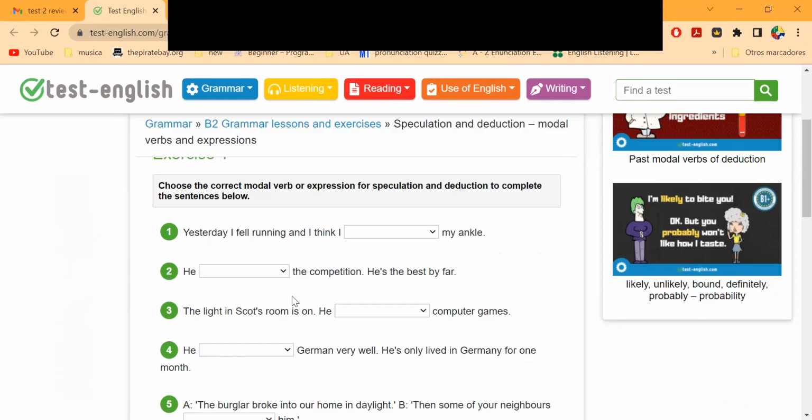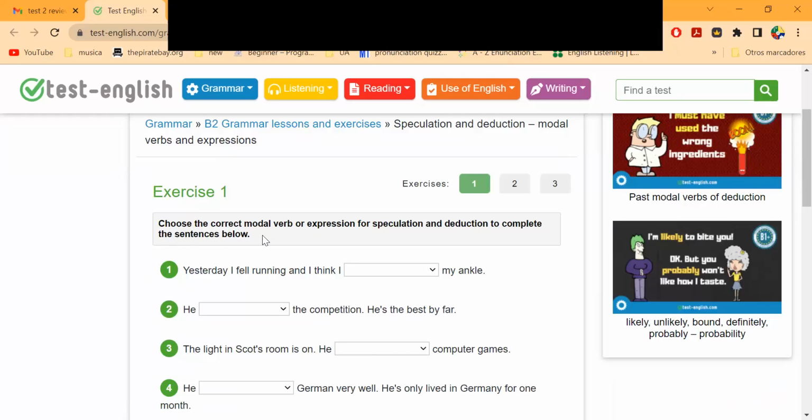Vamos viendo. Yesterday, a ver qué tiene que hacer acá. Choose the correct modal verb or expression. También hay expresiones acá. For speculation and deduction to complete the sentences below. Yesterday I fell running and I think my ankle might have sprained.